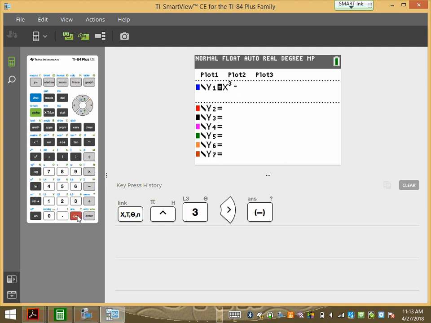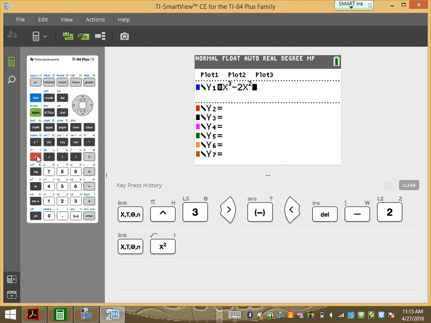I just pressed negative. Is that okay? Will it still work? Yeah. So minus 2x squared minus x minus 2.